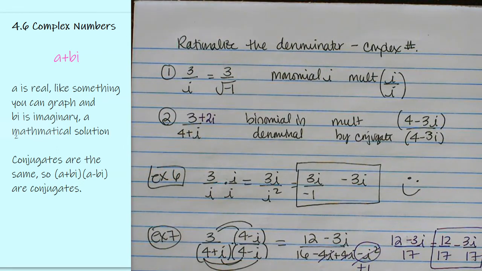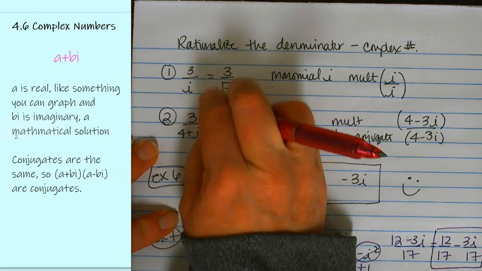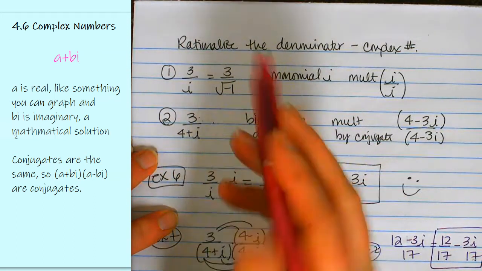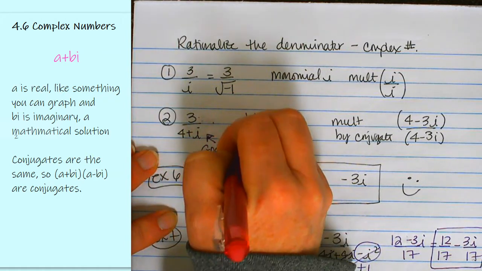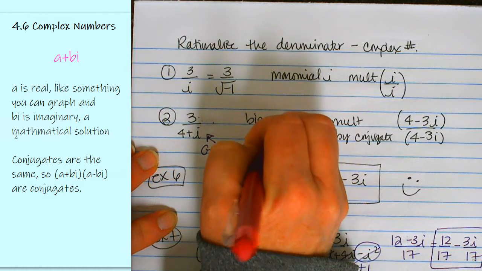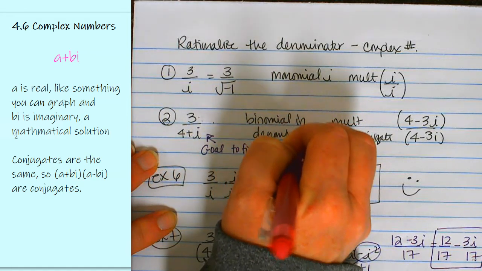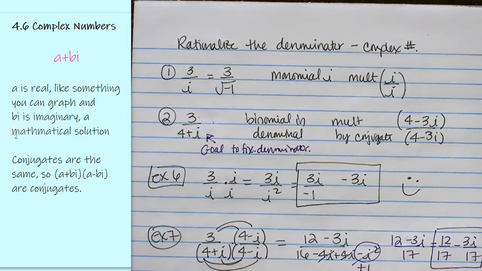It doesn't matter what's in the numerator, you're trying to rationalize the denominator. So you don't use the conjugate for the numerator, you only use the conjugate for the denominator. That's what you're trying to fix. So your goal is to fix the denominator. You might have to FOIL out the top, but that's just a result of you trying to fix the denominator.